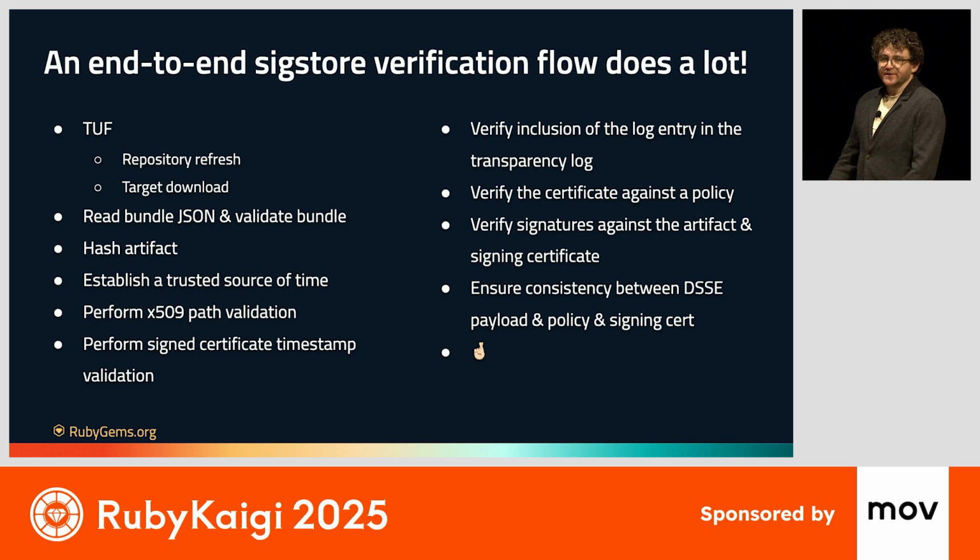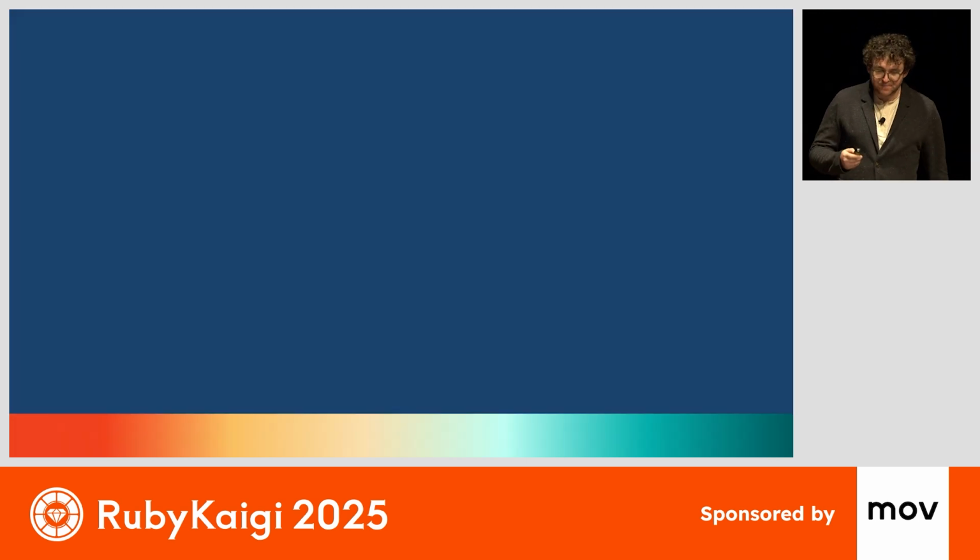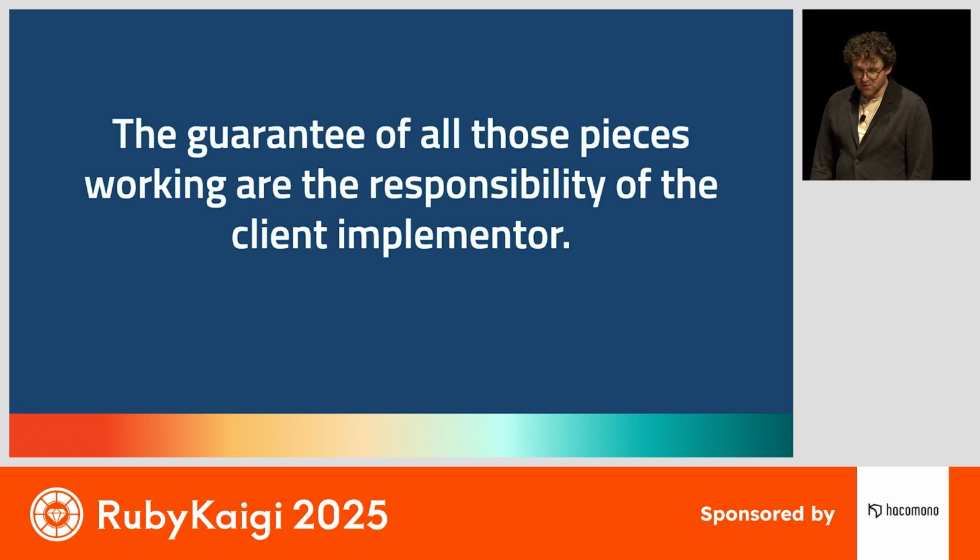And cross your fingers and hope you did all 1, 2, 3, 4, 5, 6, 7, 8, 9, 10, 11, 12, 13 steps correctly. And I'm just a Ruby engineer. It's a lot of plumbing that I was responsible for, in addition to needing to write a lot of these primitives.